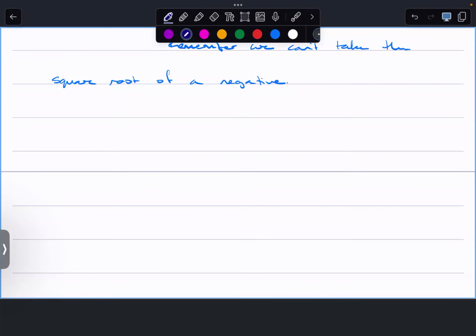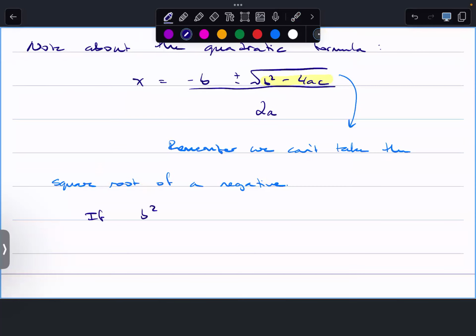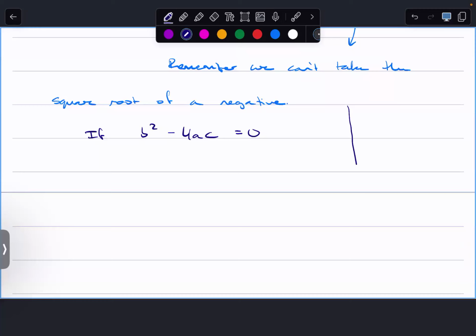I'll add a page here. So first scenario, if b squared minus 4ac inside the square root is equal to 0, graphically what that looks like, it looks like this. Only one value of x makes the function 0.